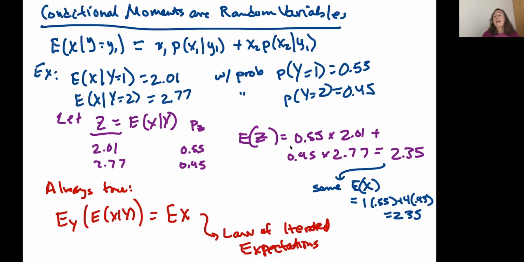So I have this kind of ambivalent relationship with the intuition behind the law of iterated expectations. Sometimes it seems amazing and bizarre to me. Other times it seems so obvious, how could it be any other way?